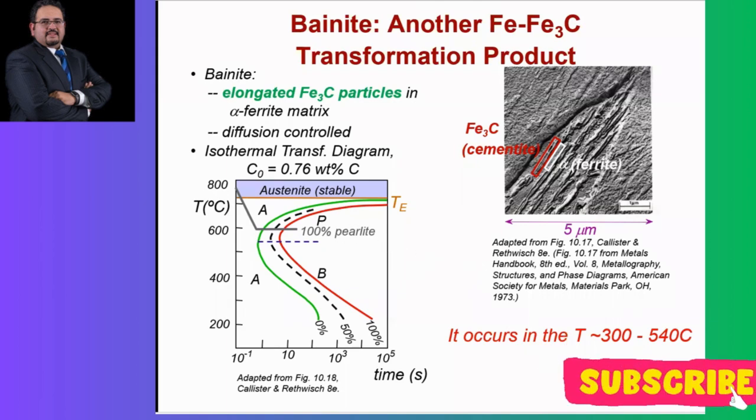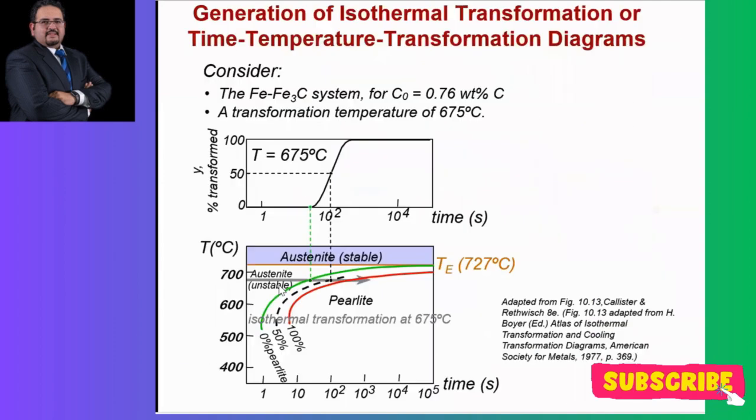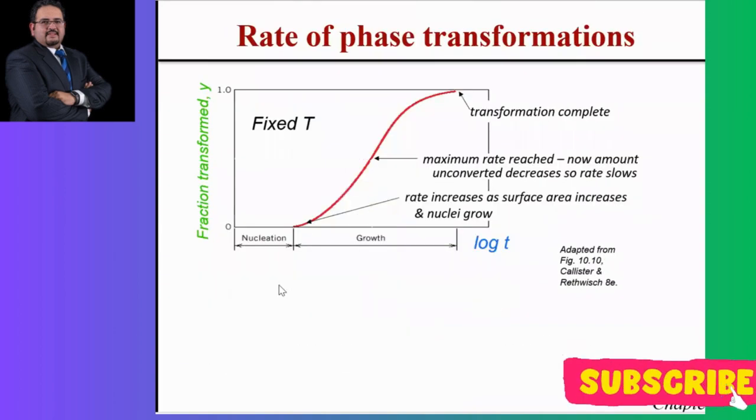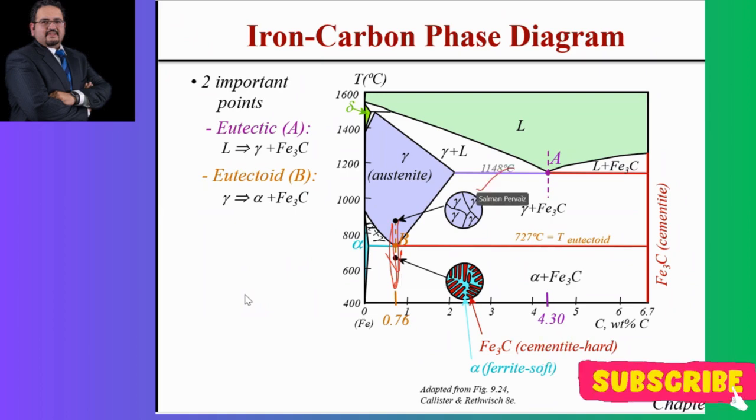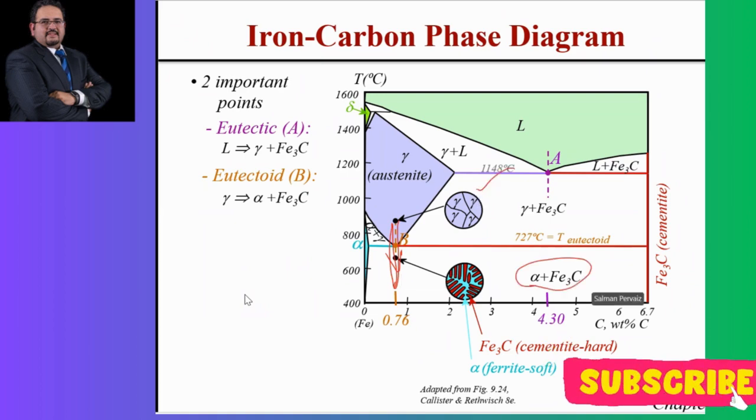Now you understand that in the phase diagram, you do not see these possibilities, right? If I show you the phase diagram that you have taken in the last chapter, you just see this transformation in a line like this. And you say that gamma is going to convert into eutectoid.